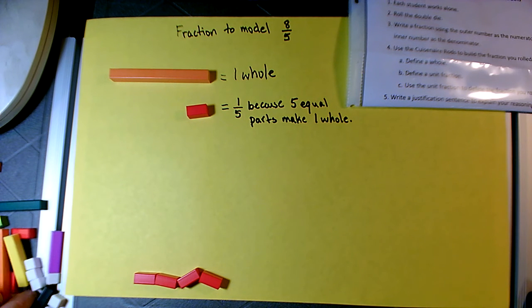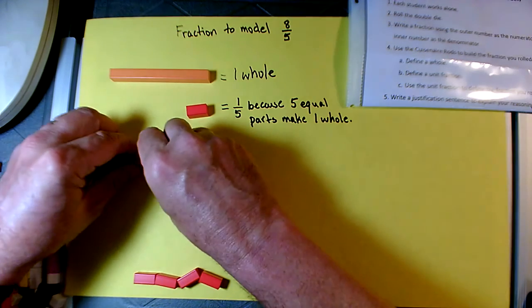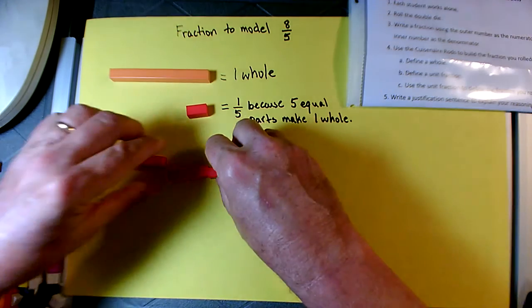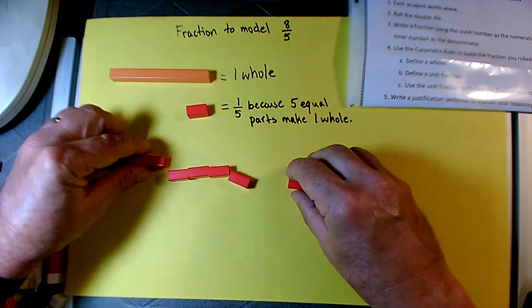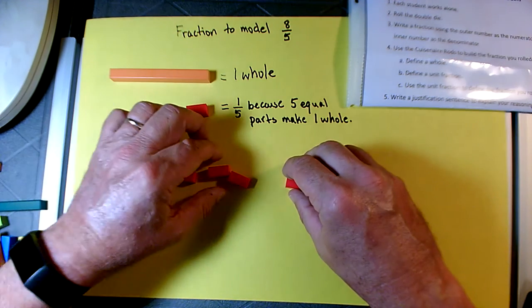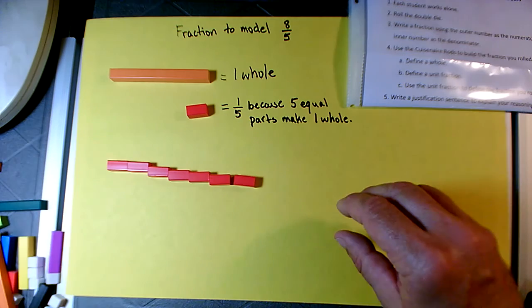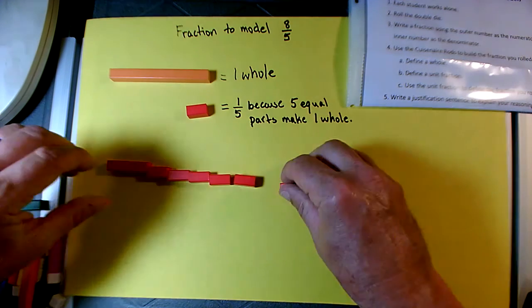Once I've done that, things become a little bit easier, because now I can take, let's see, 1, 2, 3, 4, 5, 6, 7, 8 of these.